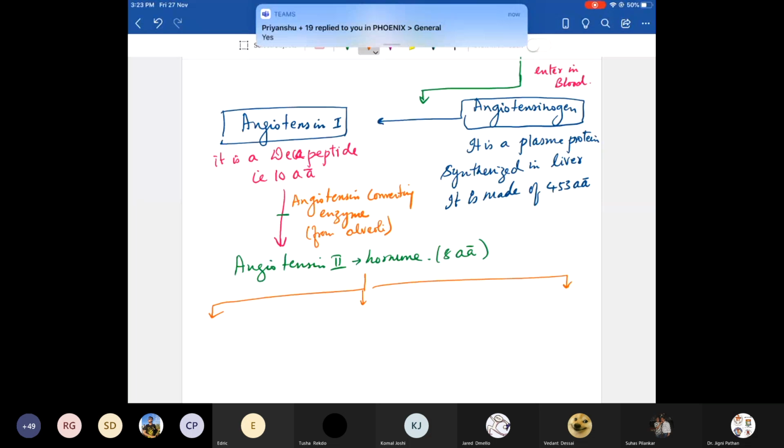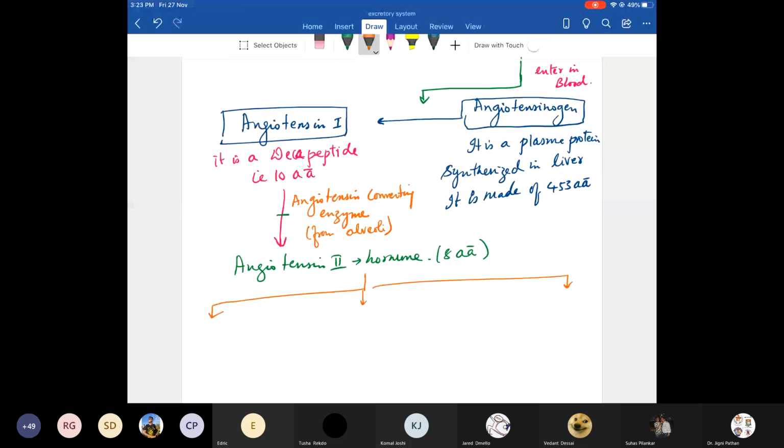Now, how is it going to act on different systems to form a proper urine, right? When there's a decrease in urine, how can you get a proper control on the water? When the blood volume is lesser, the blood pressure also decreases.